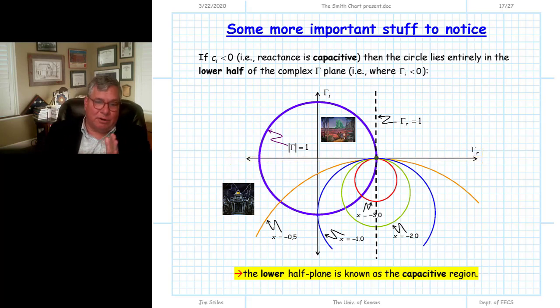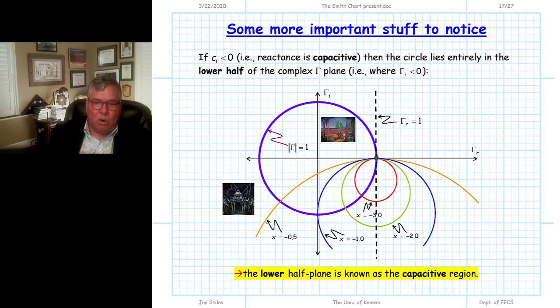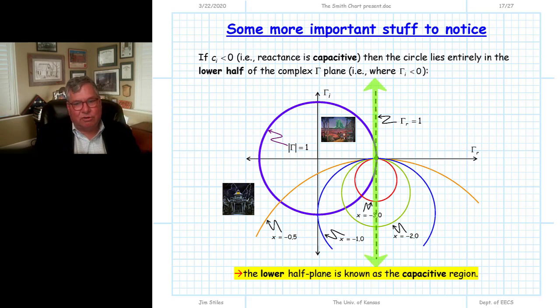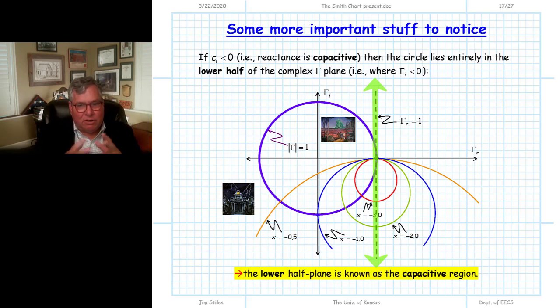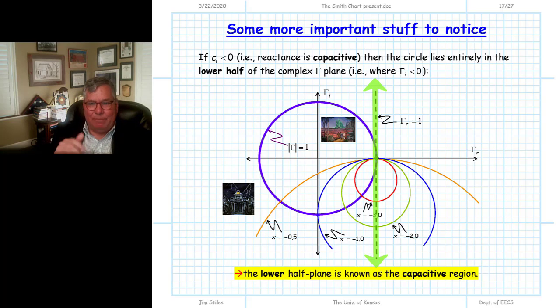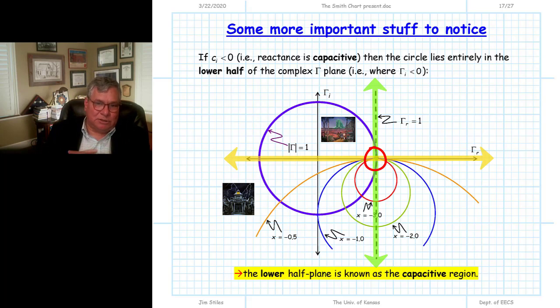For the other circles, where we're mapping horizontal contours on the complex impedance plane onto circles on the complex gamma plane, we find the centers are always along a contour which is described as gamma R equal to 1. The centers slide up and down it. Well, look at where the intersection of the gamma R equal to 1 contour and the gamma I equal to 0 contour is, the horizontal axis. Those two contours intersect at the open circuit point.